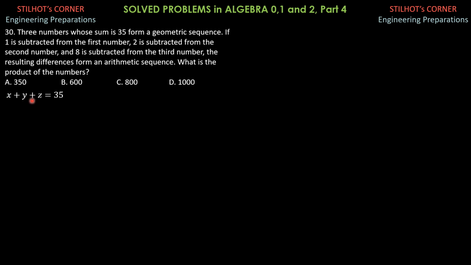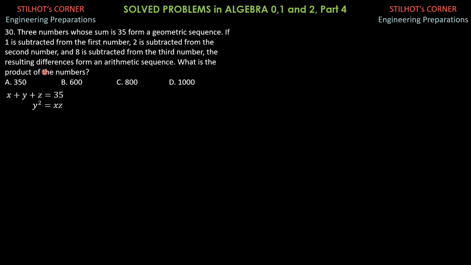But we do not know yet x, y, and z. Then since this series of numbers forms a geometric sequence, the square of the middle term is the product of the first and the third. So y squared equals xz.